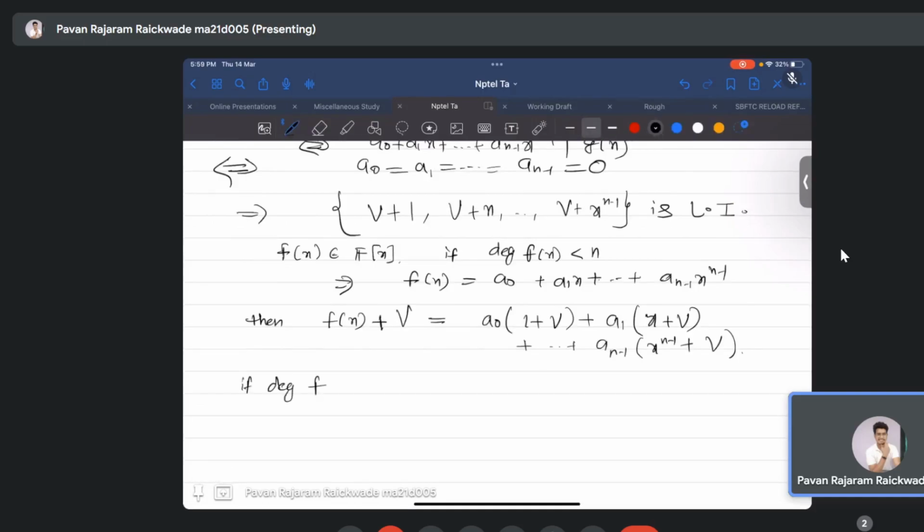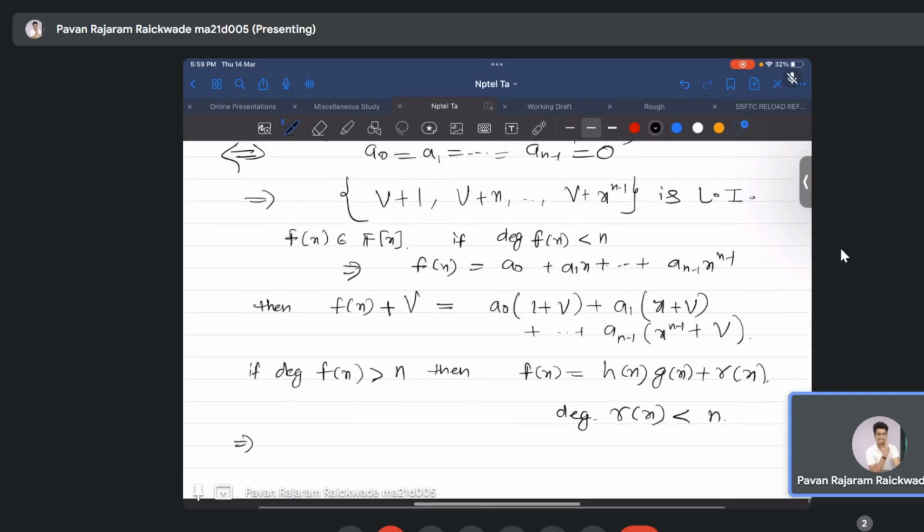Now if the degree of f(x) is greater than n, then divide by g(x), and you write f(x) as some polynomial h(x) times g(x) plus r(x). This is the remainder polynomial where the degree of r(x) is strictly less than n, right?